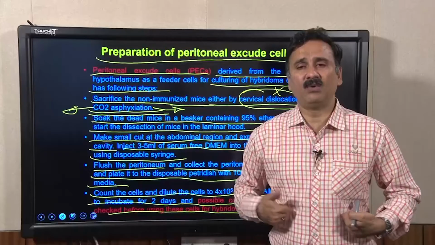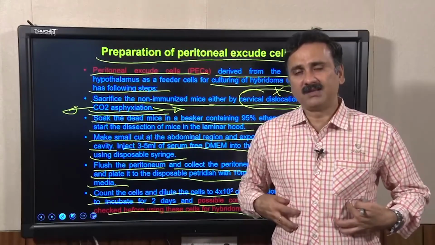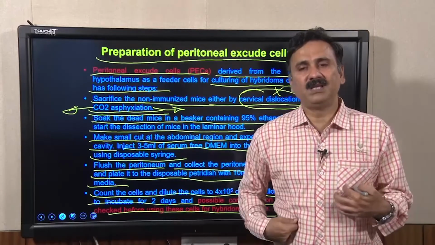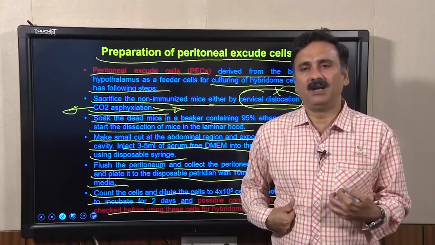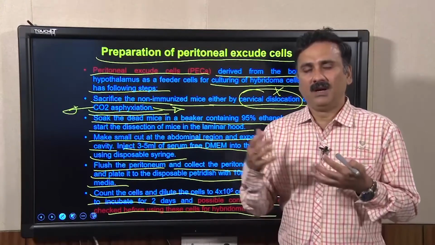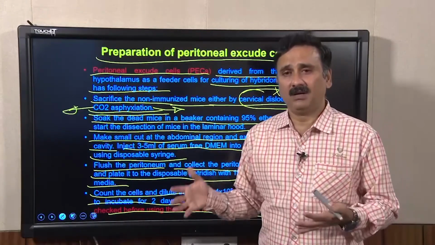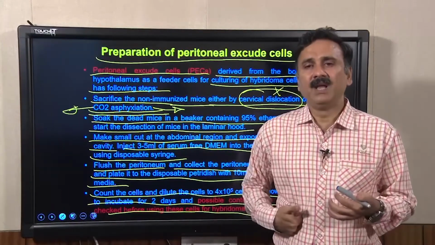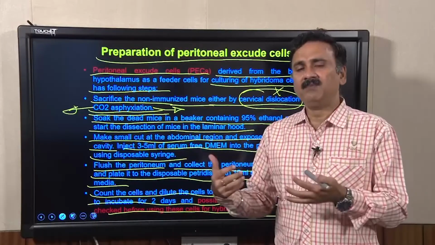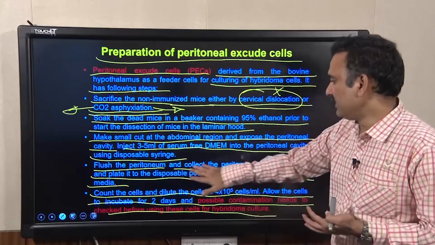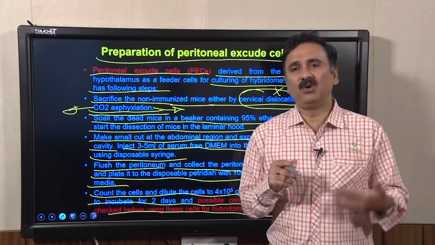So, this is the peritoneum of a particular organism. What you have to do is inject the needle and inject some amount of non-serum containing media into the belly, and then you recover the same cells, which gives you the peritoneal exudate cells.